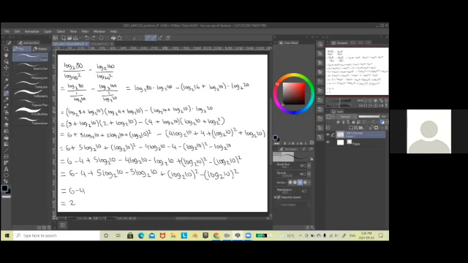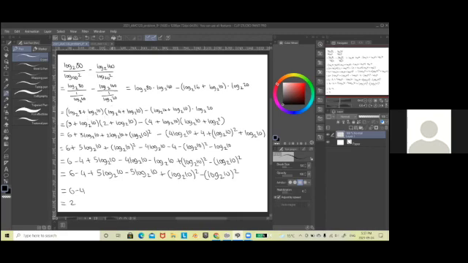And so log 2 and 8, that's just 3, because 2 to the power of 3 equals 8. So we can instead just write 3 here. This one stays the same because that's not an integer value.